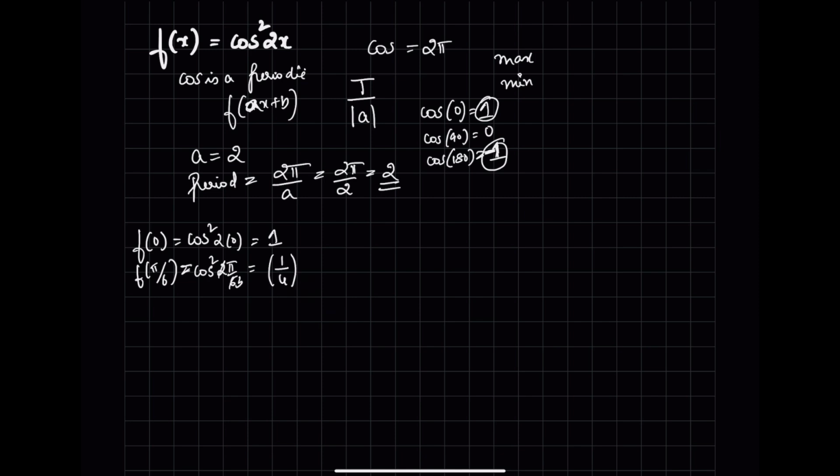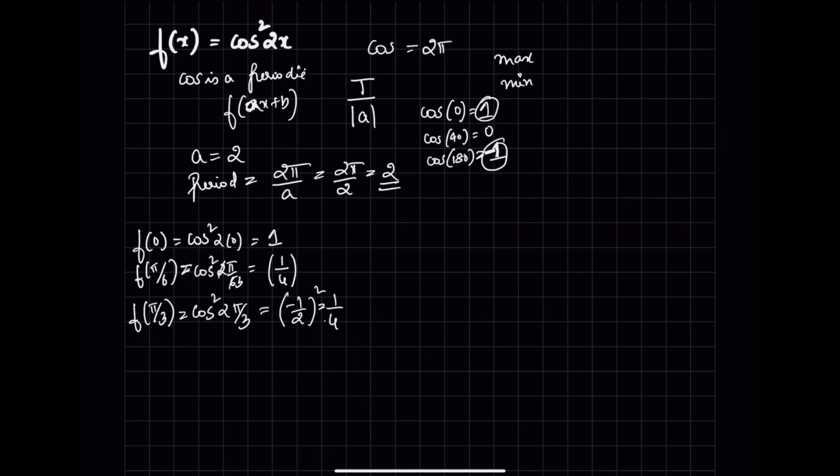Now f of pi by 3 would be cos square 2 times pi by 3. Now this is cos of 120 degrees, which is cos 60 again. So this would be minus 1 by 2 the whole square, which is 1 by 4. This is what I was talking about.